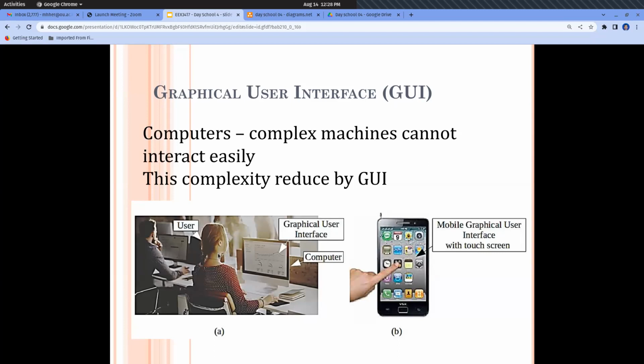Here you can see there are two types of interfaces: the mobile graphical user interface, and the computer screen.